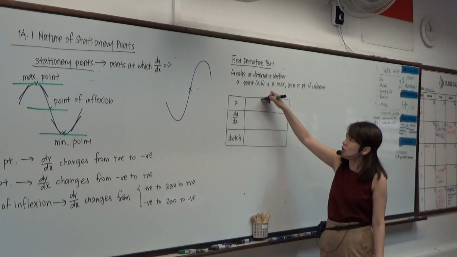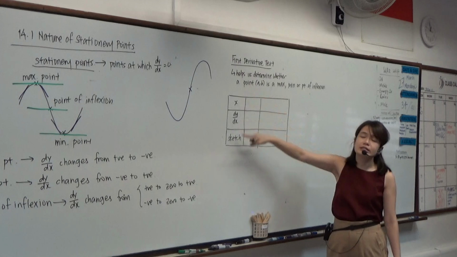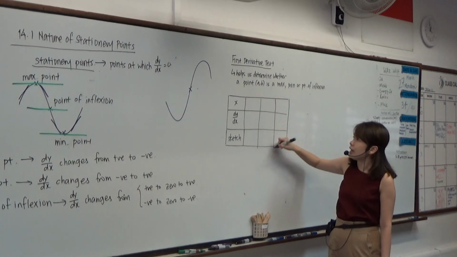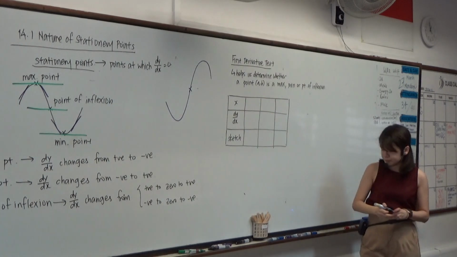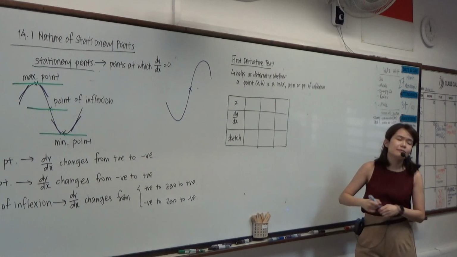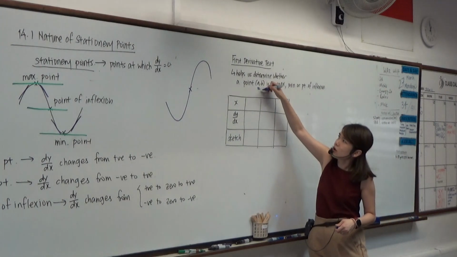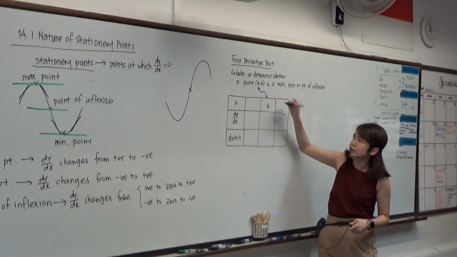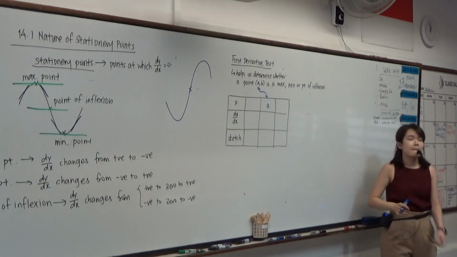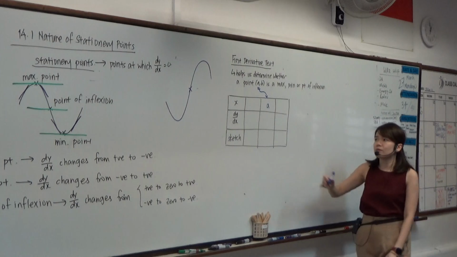There will be 4 columns, the first column being these titles over here. And then the remaining 3 columns need to be filled up such that the x-coordinate of that point is placed over here.